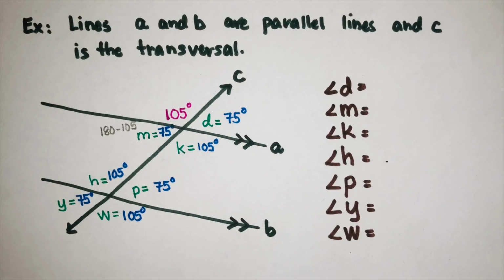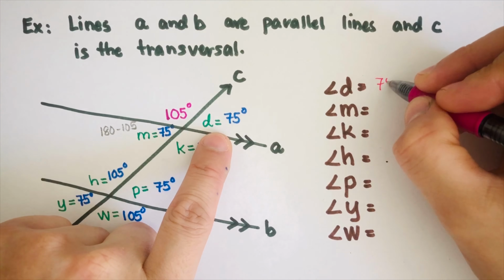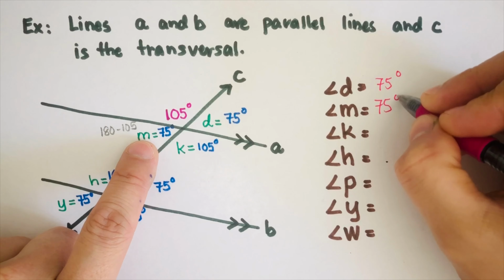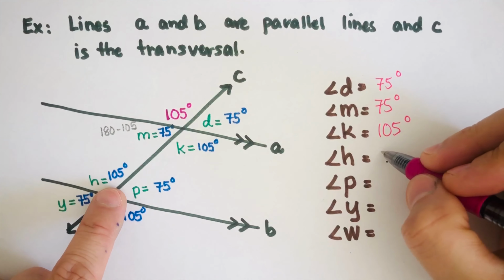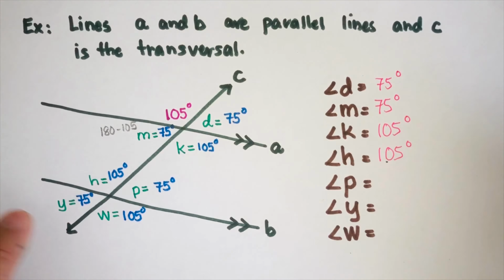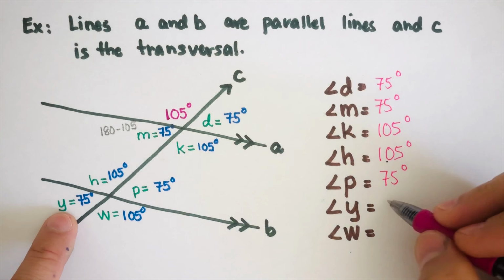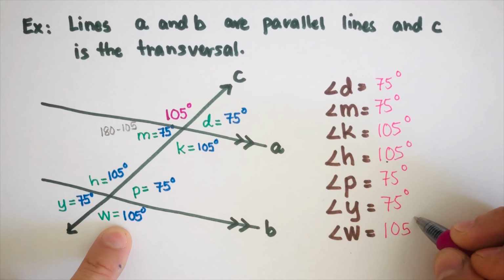And so we can go ahead and complete this. Angle D is 75 degrees, angle M is 75 degrees, angle K is 105 degrees, angle H is 105 degrees, angle P is 75 degrees, angle Y is 75 degrees, and angle W is 105 degrees.